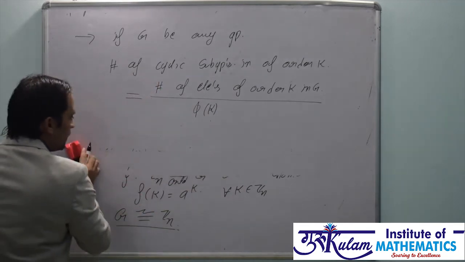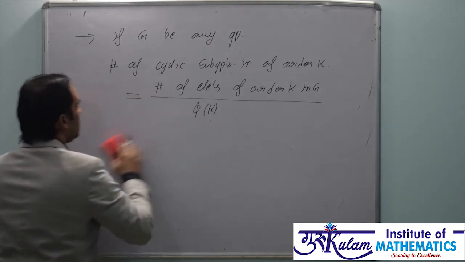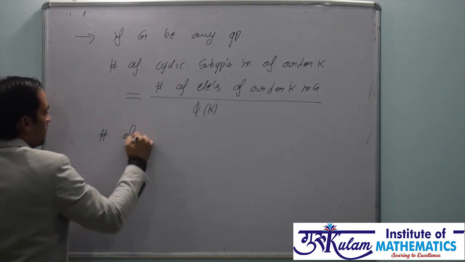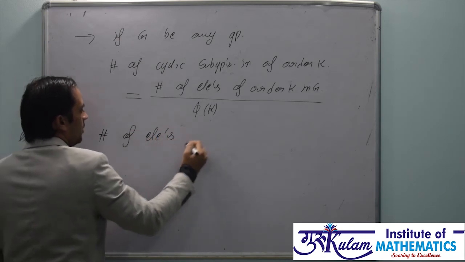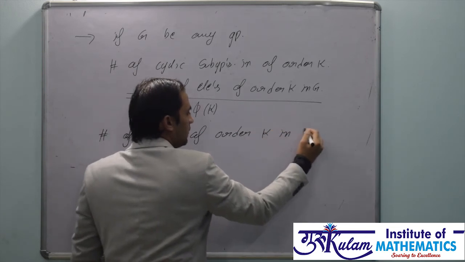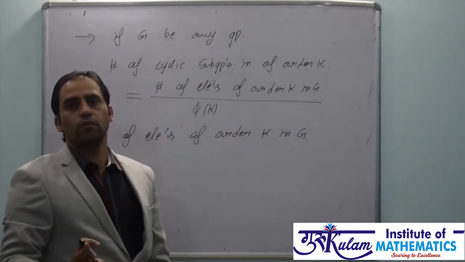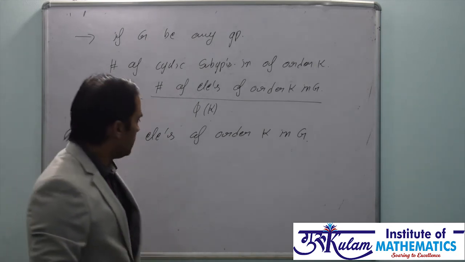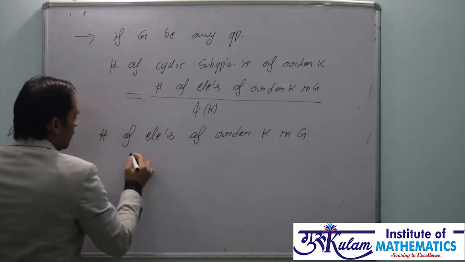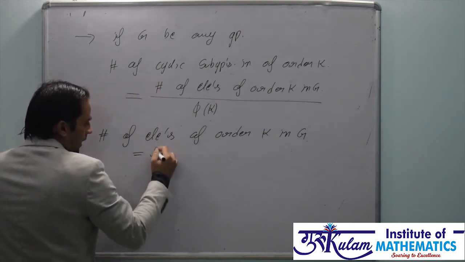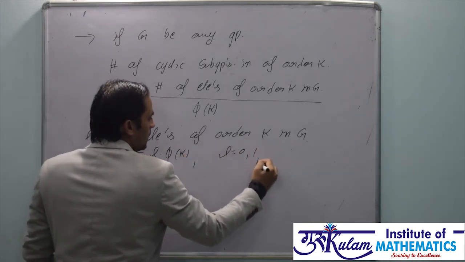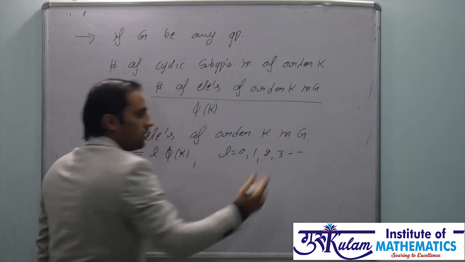And again, based on all these properties, we can write that in any group the number of elements of order k in G, where again G need not be cyclic, is always some L into phi of k, where L can be 0, 1, 2, 3 up to infinity.